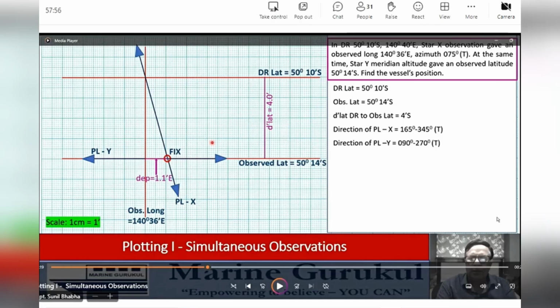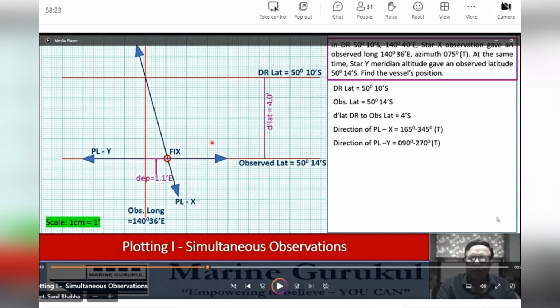So you see, beta, we have taken the departure from the observed longitude. It should be from the DR longitude, right? Why is it from observed long, sir? Okay, beta. If you want to take this from the DR longitude, that also can be taken. You can pick up any longitude of your choice as a reference longitude to get the departure.